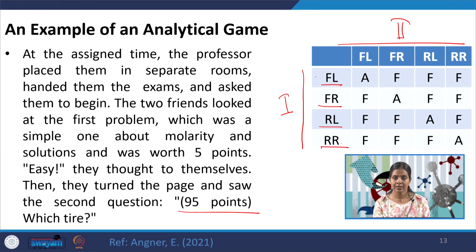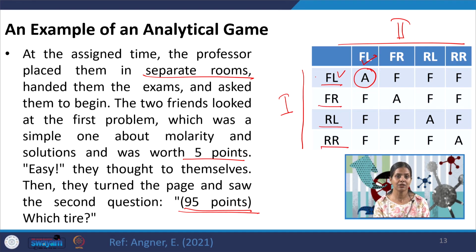Now, you can see that if both of them write front left, then they clear the exam, they get an A grade, because you have already an easy question of 5 marks and then 95 for this. You give the same answer, the professor is convinced. They are sitting in separate rooms, so they cannot consult each other.